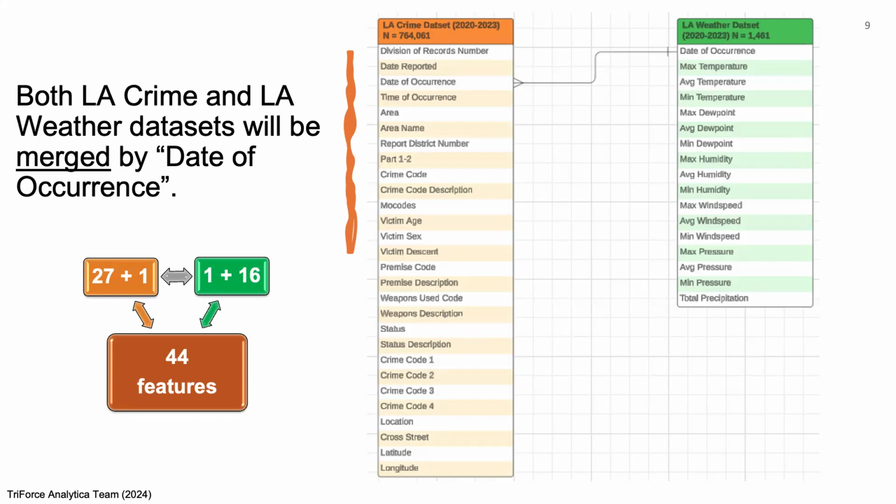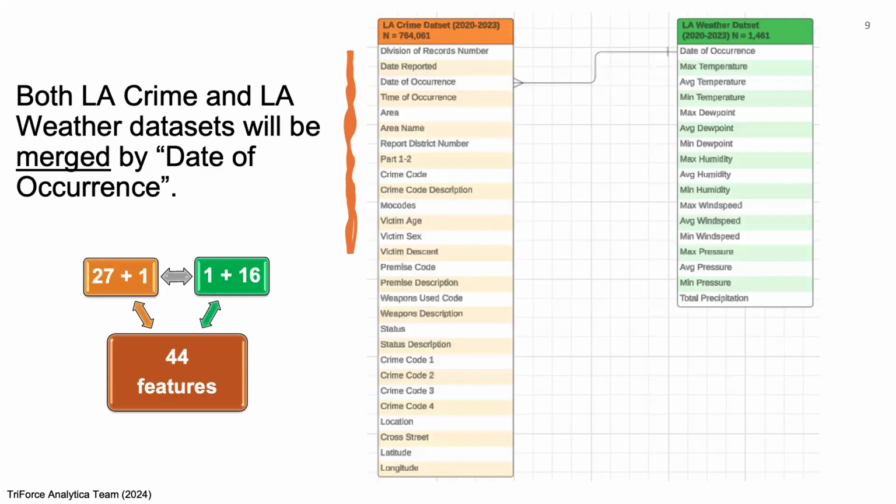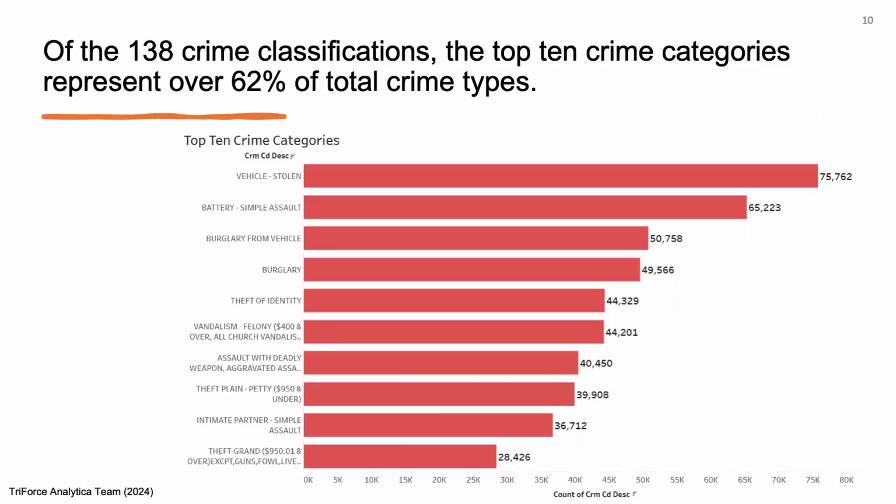And my second question, you said there are 10 most common crimes out of the other different crimes. Are you looking just at these top 10 crime types to predict, or will you include all kinds of crimes? Yeah, so as you can see on the screen, we have about 238 crime classifications.